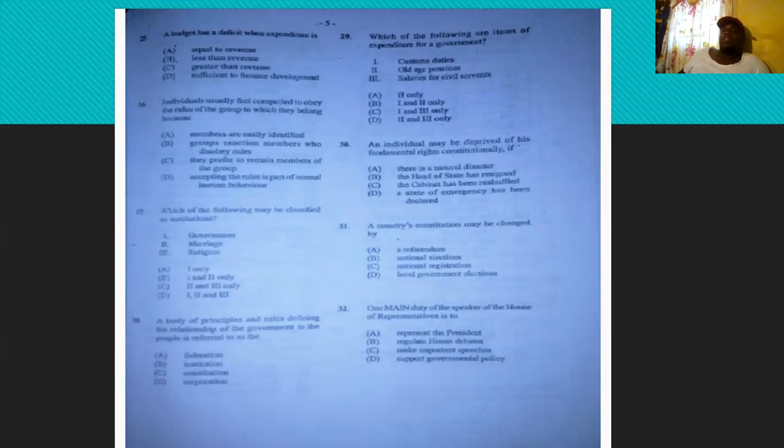D, a state of emergency releases us of our fundamental rights temporarily until it is over. Number 31, a country's constitution may be changed by A, a referendum; B, national elections; C, national registration; or D, local government elections. The answer is a referendum. Please Google what that is.